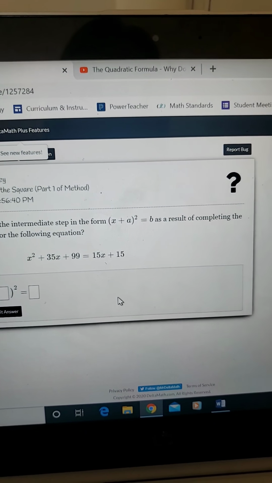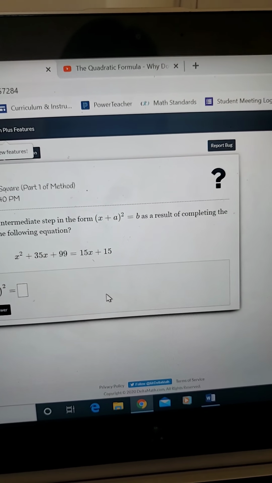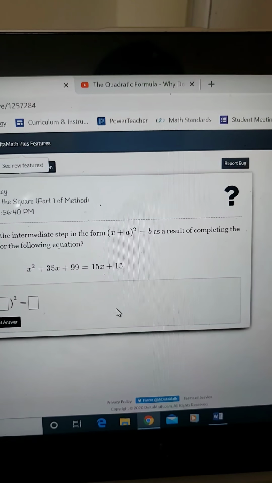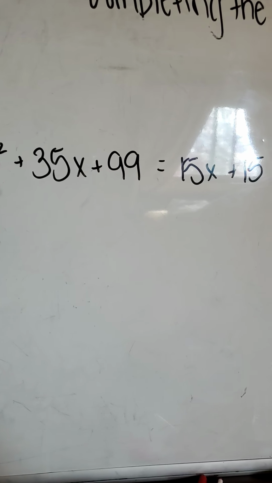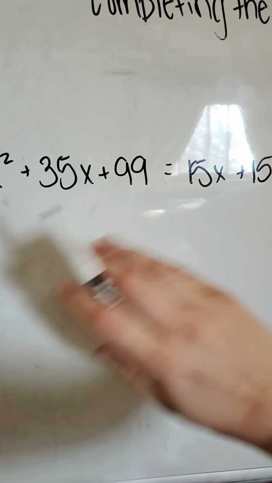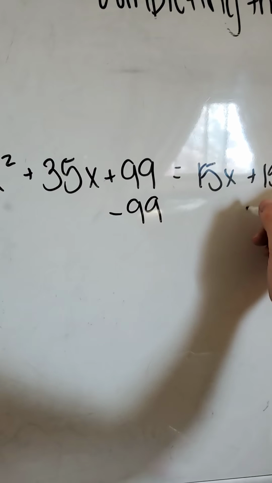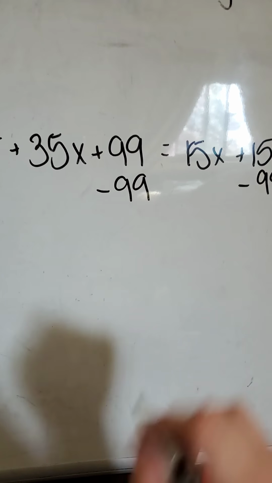So here's our equation, x squared plus 35x plus 99 equals 15x plus 15. Remember, we want constants on this side and things with variables on this side. So let's get rid of the constant over here.